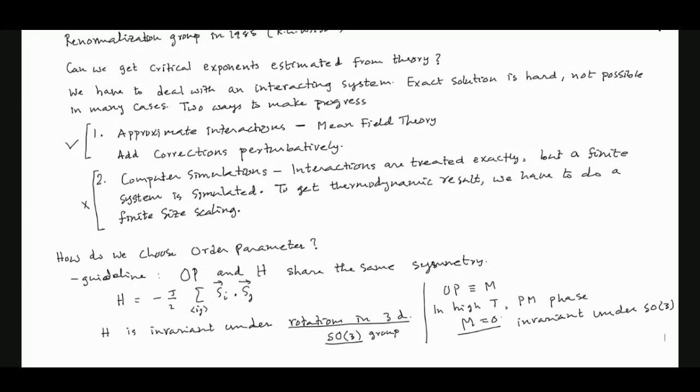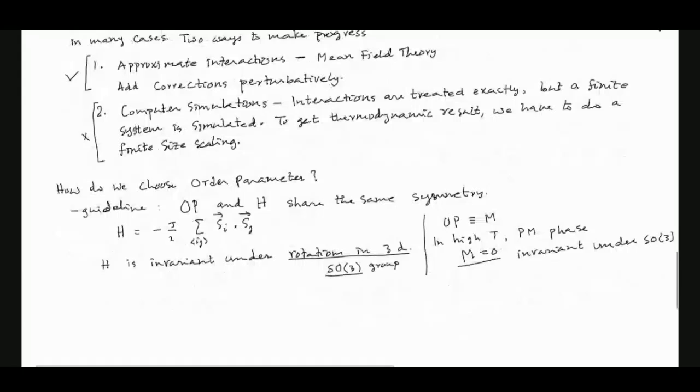Now, interestingly, for T less than Tc, the magnetization will be in a particular direction. Some particular direction is fixed, right?